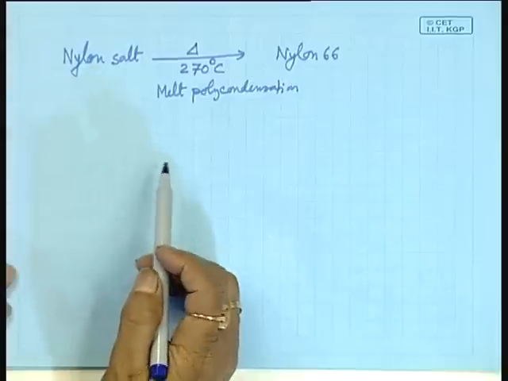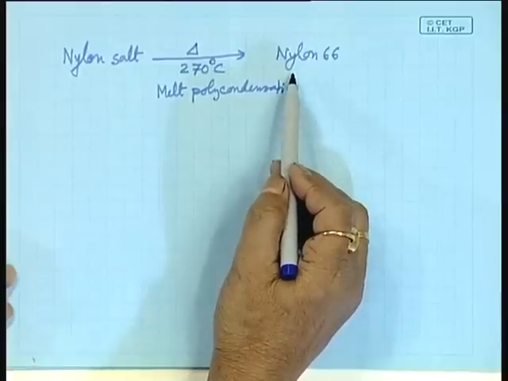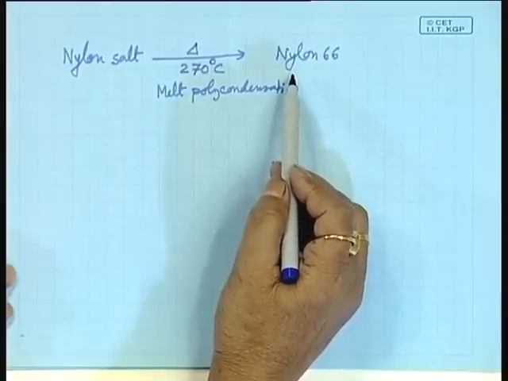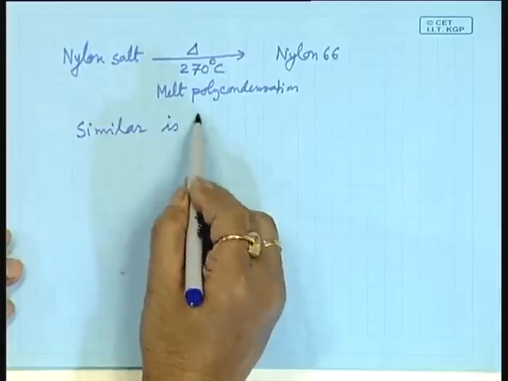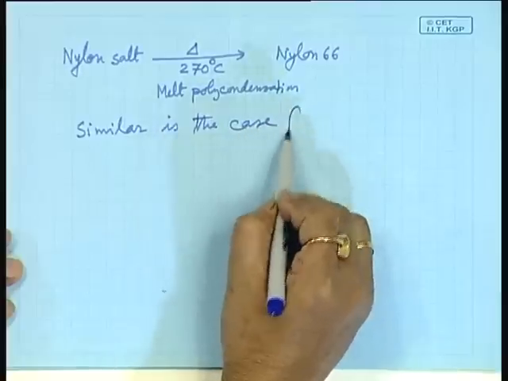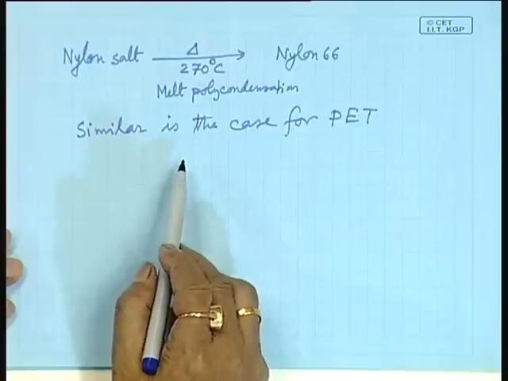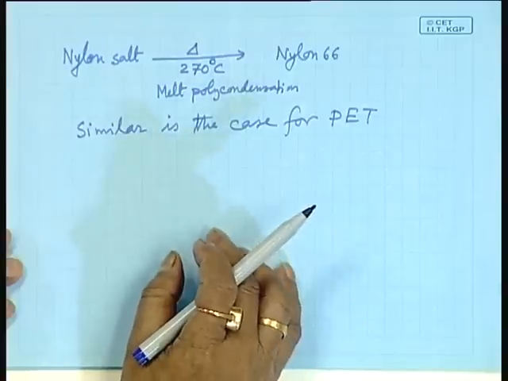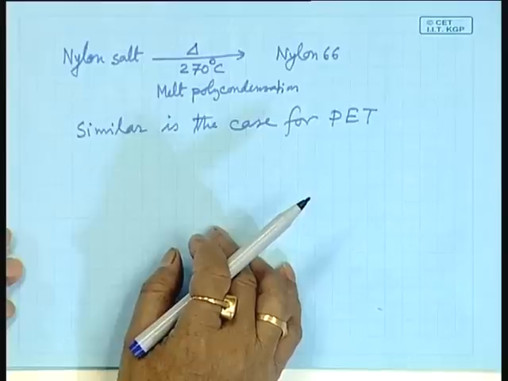So, here you understand, synthesizing a very high molecular weight in condensation polymerization is very difficult. Similar is the case for polyethylene terephthalate, that is also produced by melt polycondensation, because once these higher oligomers, more than say 6,000, 7,000 molecular weight, are formed, their melting point is quite high.